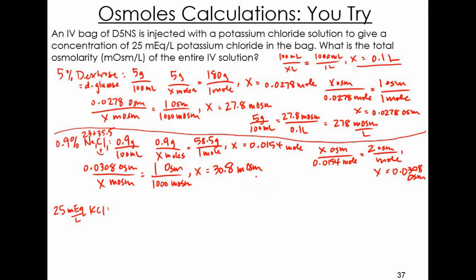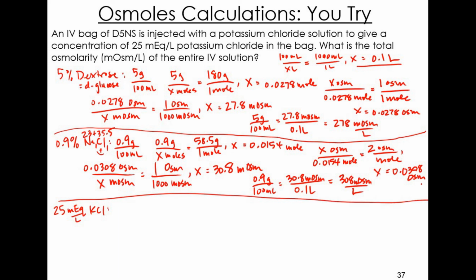Okay, so now we just recognize that 0.9 grams over 100 mils is the same as 30.8 milliosmoles for the grams and 0.1 liters for the 100 mils, and that is 308 milliosmoles per liter for the sodium chloride. Alright, so we've got dextrose and sodium chloride covered.